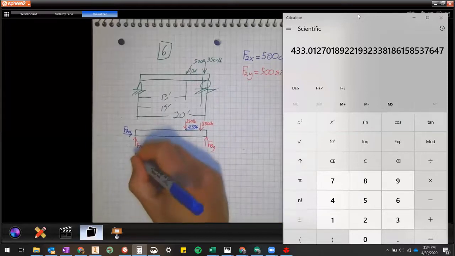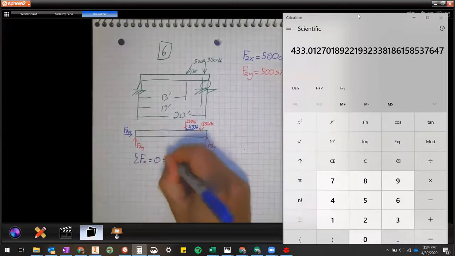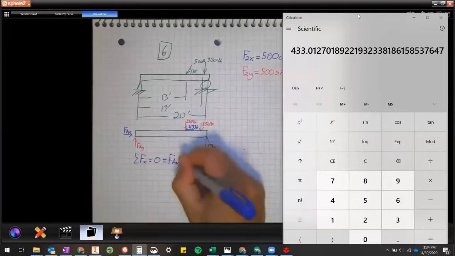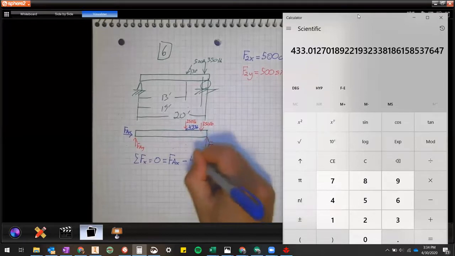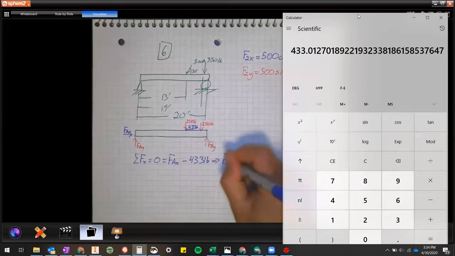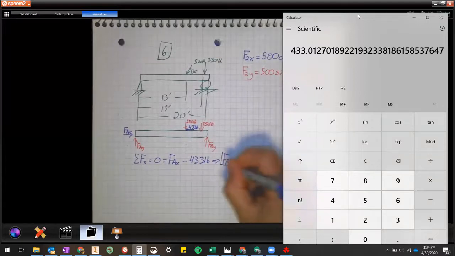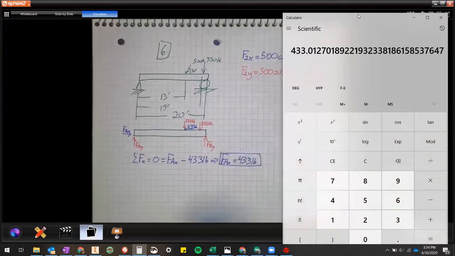So we got the sum of our forces in x equal to 0, and that's FAX minus 433. So we'll say FAX is equal to 433 pounds. That's nice. And we can do our y forces.